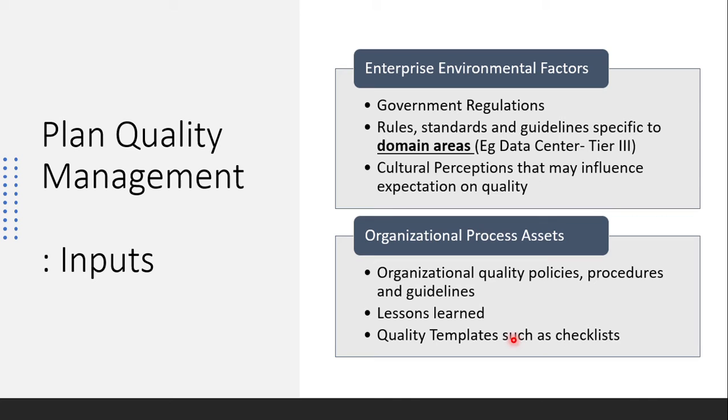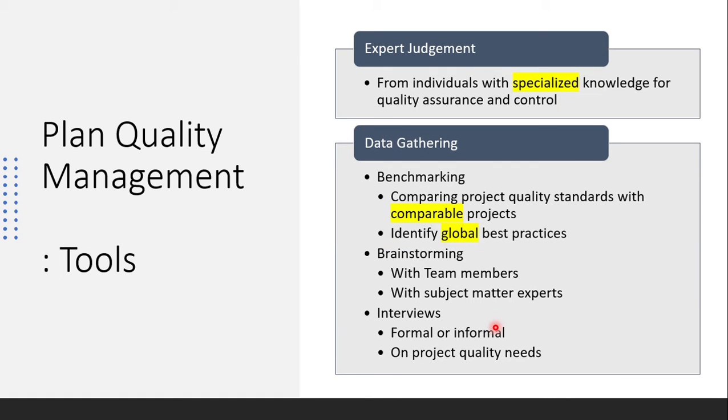And the organizational aspects, such as the quality policies of your organization, the lessons learned in your previous projects, and the quality templates and checklists will be a definite input. Right. So when you're planning quality of your project, definitely use expert judgment.